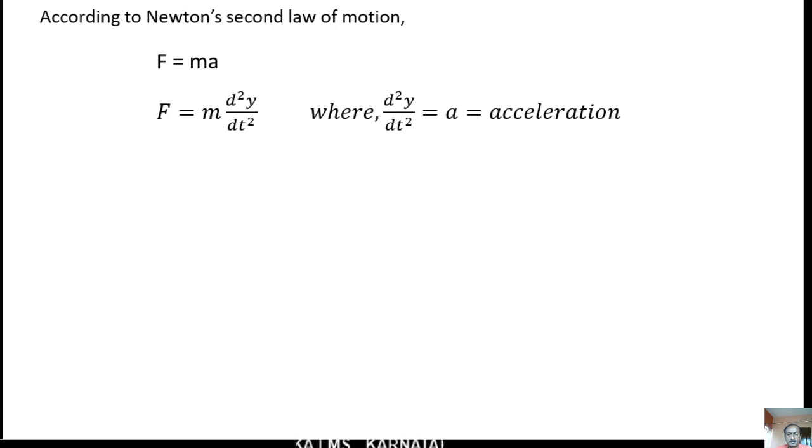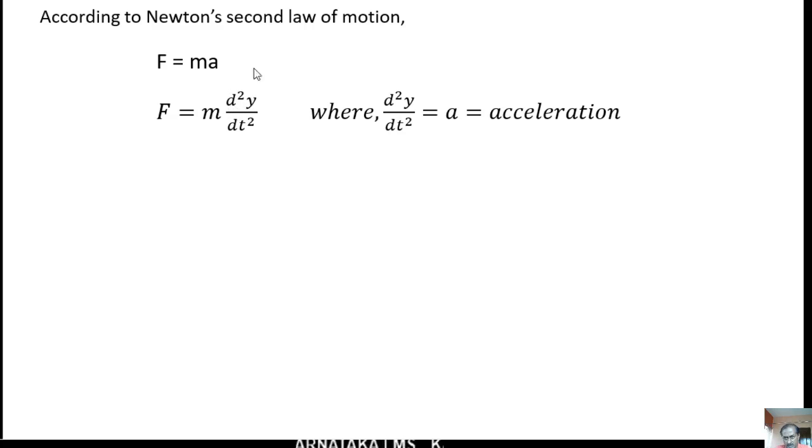According to Newton's second law of motion, we know that force is equal to the product of mass and acceleration. Therefore, the force F equals m into acceleration, the rate of change of velocity. Velocity is the rate of change of displacement.